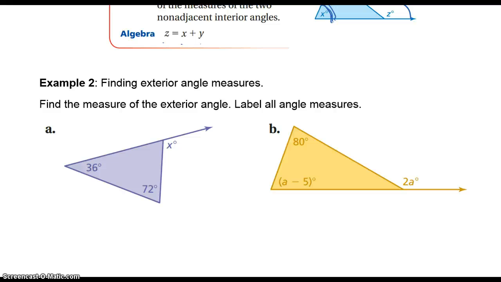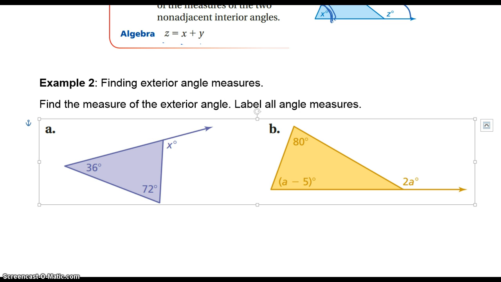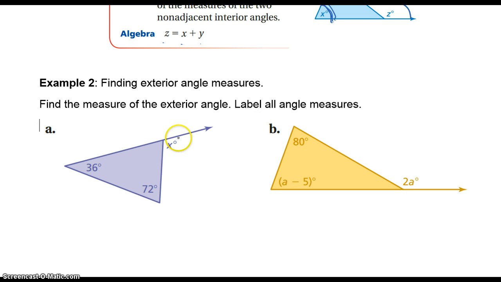I also want to talk about real quick, with a picture, what it looks like to draw exterior angles. So if I look at example A, we see this exterior angle right here, angle X. If I didn't have that line, I can also draw an exterior angle. If I continue that line, I would have this angle.